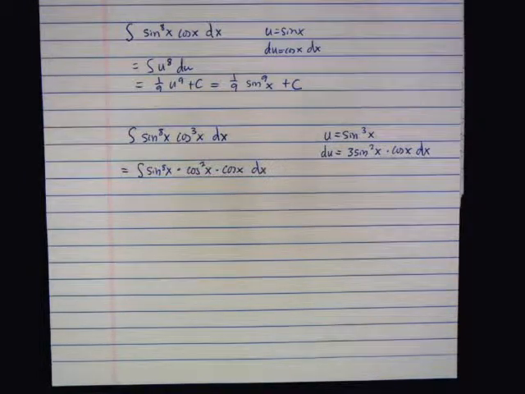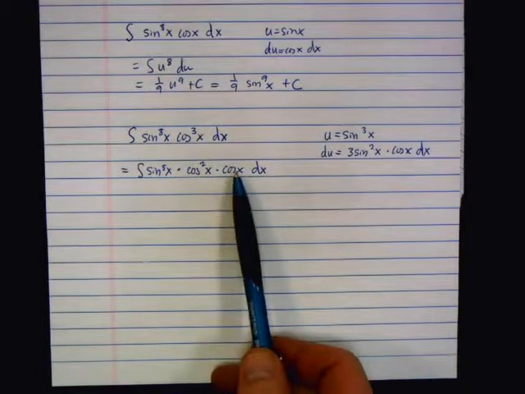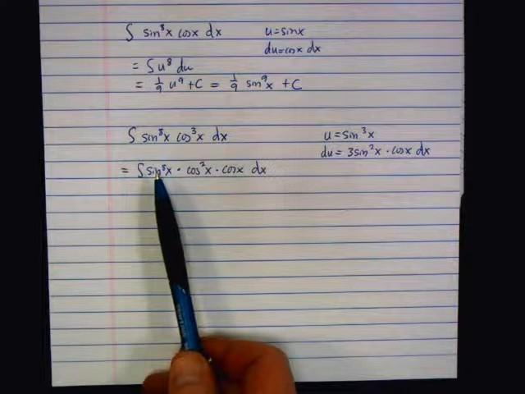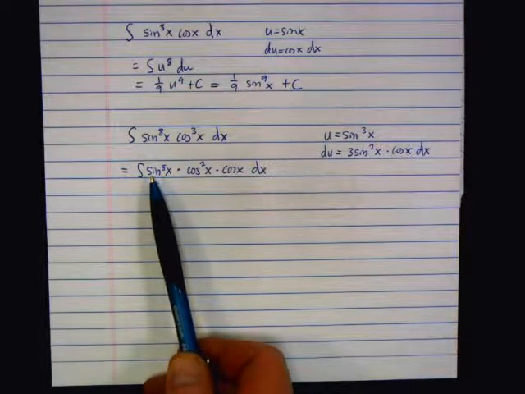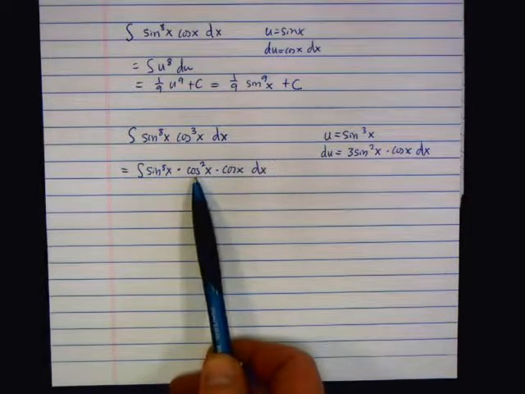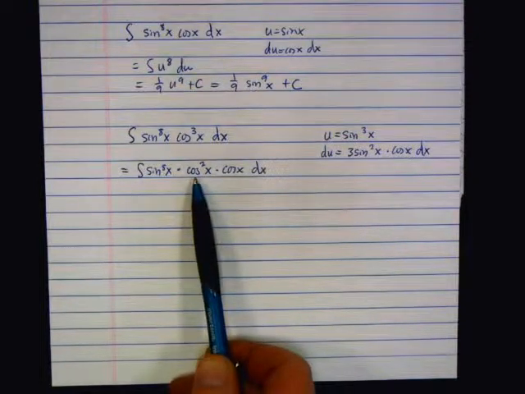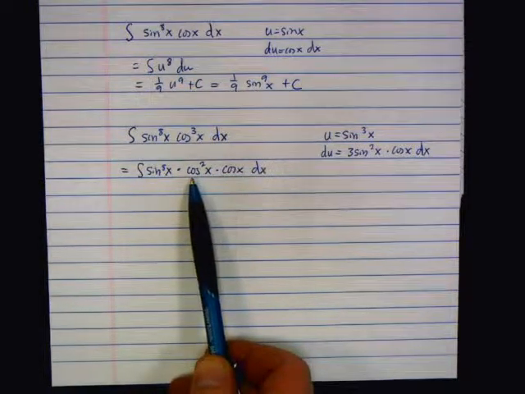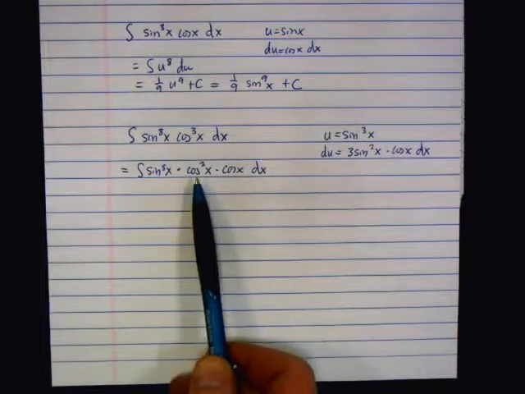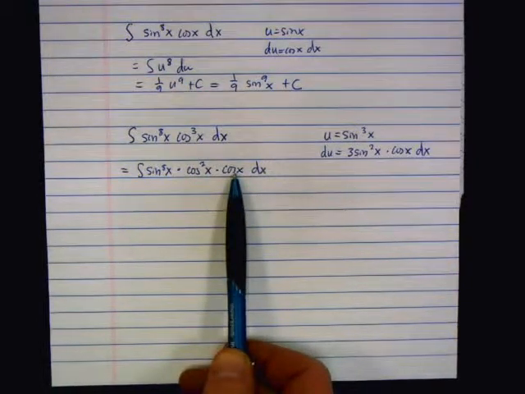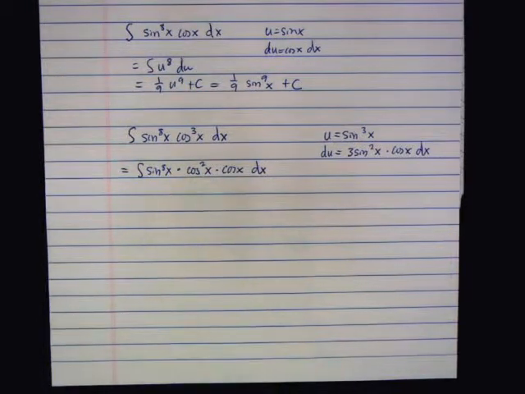I really want a cosine x so I can let u be sine, and then things will be very easy. What am I going to do with that cosine squared? You use the Pythagorean identity: that's 1 minus sine squared. So that's why you want one of them to be odd. You peel off the odd one, and then you use your Pythagorean identity.